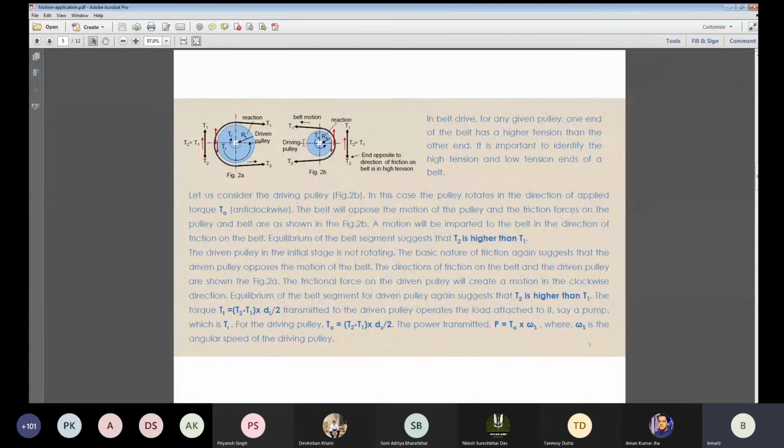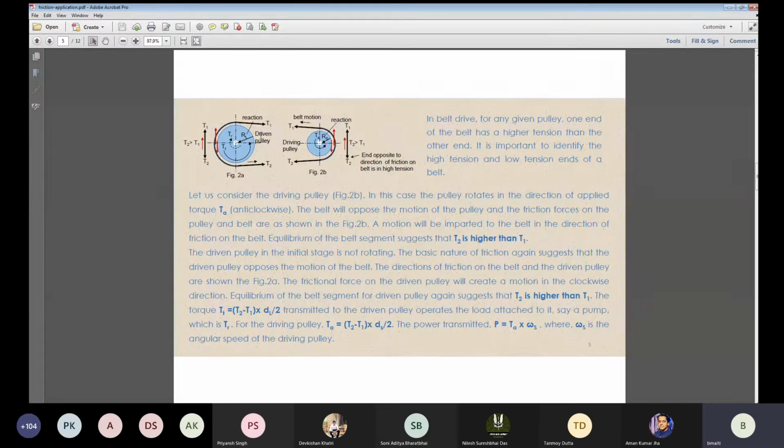T1 and T2 are the same for the belt. A same belt cannot have different tensions. Suppose you choose the driven pulley without knowing the condition.